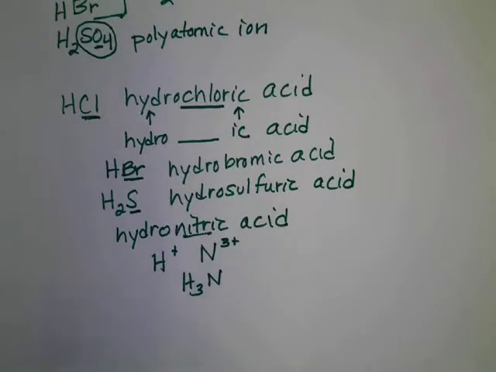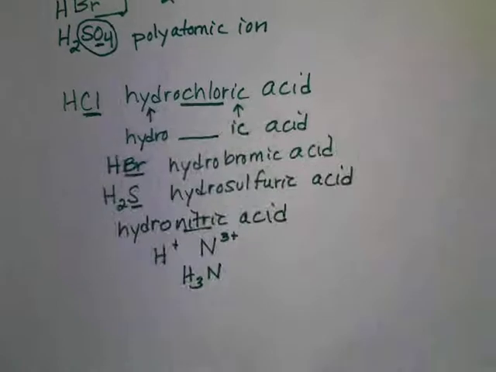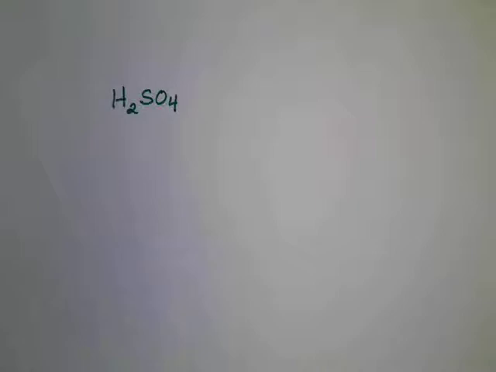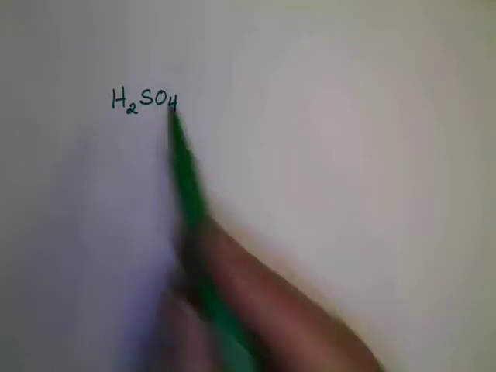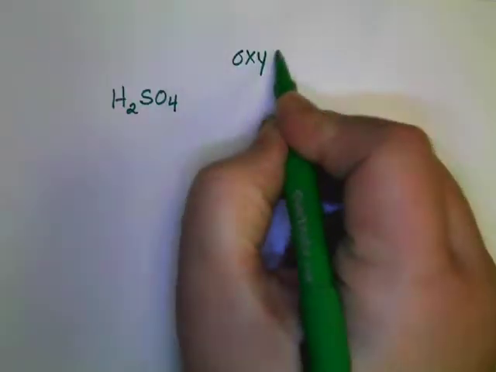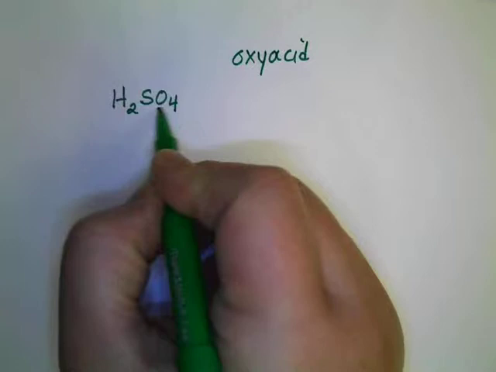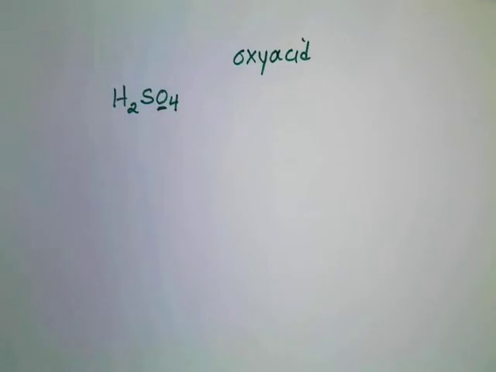Let me show you what to do when we have an acid with a polyatomic ion on it. For instance, I'm going to start with this one, H2SO4. Let me pull that down so you can see it. H2SO4. This is a polyatomic acid or a tertiary acid or an oxyacid because they're going to have oxygen in them because they're going to have a polyatomic ion.